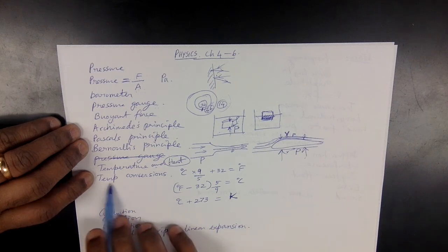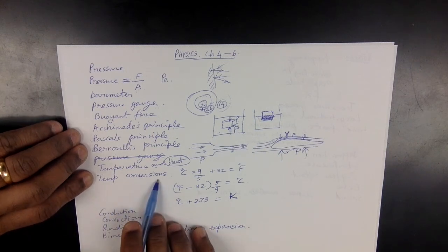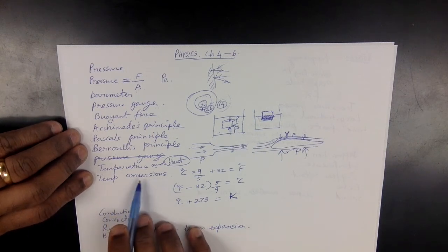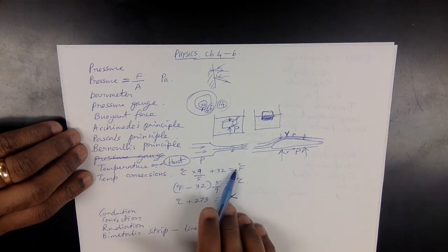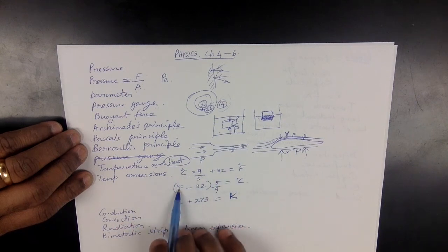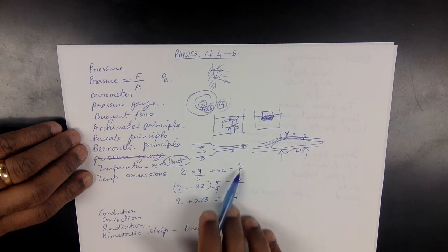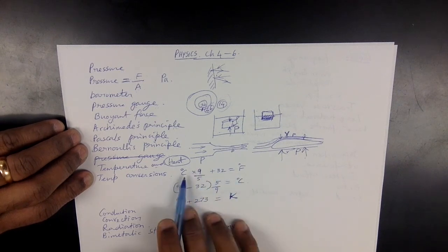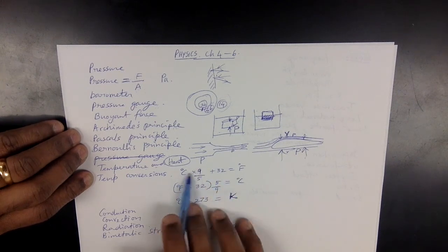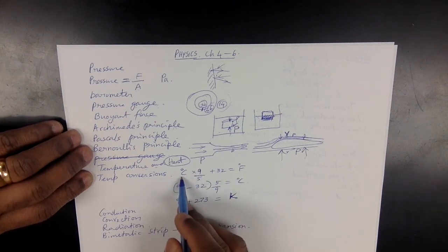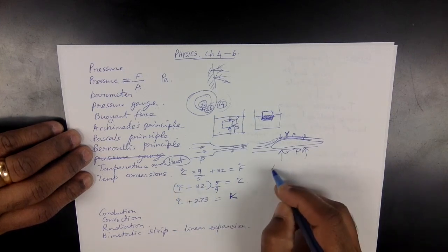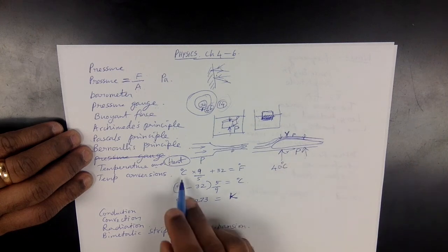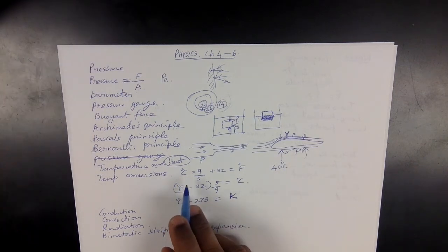And now comes temperature conversions. You should be in a position to convert temperatures from Celsius to Fahrenheit, or from Fahrenheit to Celsius, or from Celsius to Kelvin. So for example, if I tell you 40 degrees Celsius, how do you convert it to Fahrenheit?